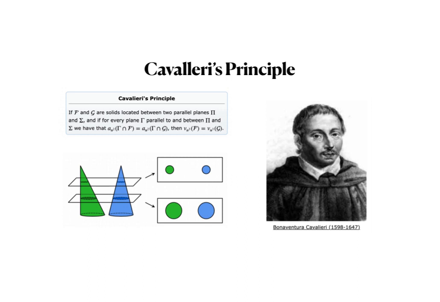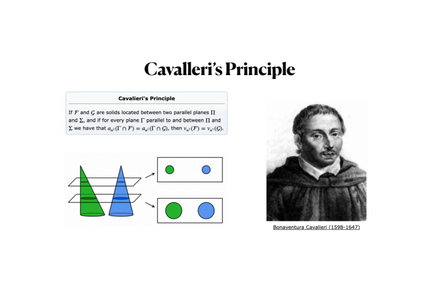So let's look and see what the math language says so that we can interpret it correctly. If F and G are solids located between two parallel planes, pi and sigma, and if for every plane gamma parallel to and between pi and sigma, the area of gamma intersected with F is equal to the area of gamma intersected with G, then their volumes are equal.